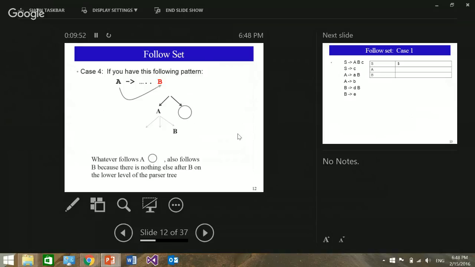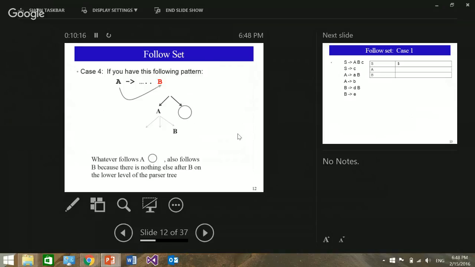But when you have A going to something B, this could be a unit production. This could have a bunch of other things in front of it, and then a big B. It doesn't matter. I'm just looking all the way to the end. So what should follow that B?